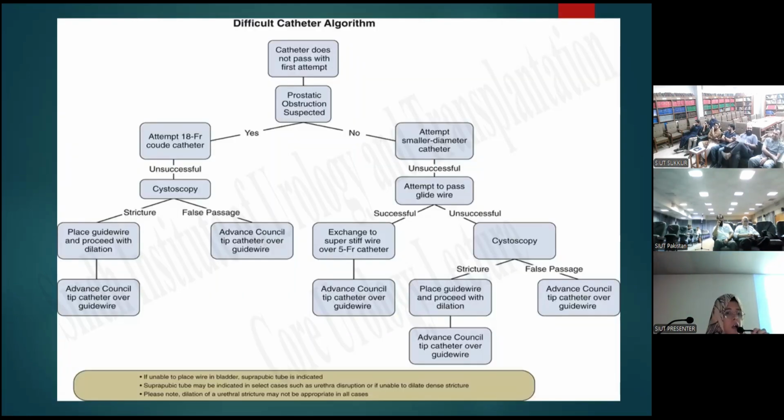This is an algorithm for difficult urinary perurethral catheterization. If your primary attempt to pass the perurethral catheter failed, and you suspect the patient has obstruction secondary to the prostate, then you attempt the 18 French Coudé tip catheter.